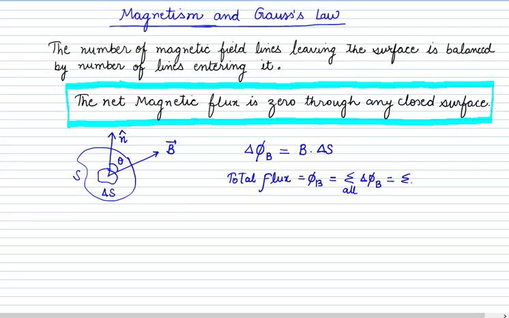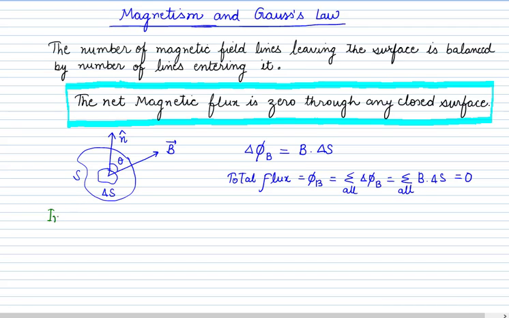So this is equal to the summation over all the area elements of B dot delta S. This total flux should be equal to 0. That is what the Gauss law for magnetostatics is: the net magnetic flux is 0 through any closed surface. Here S is the closed surface, so the total magnetic flux will always be 0.